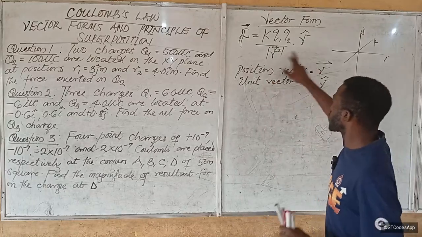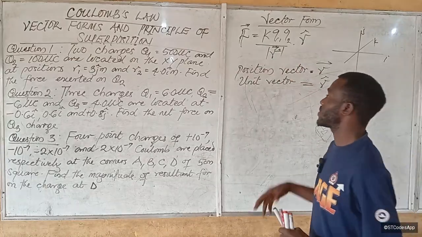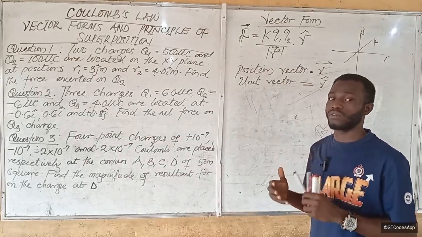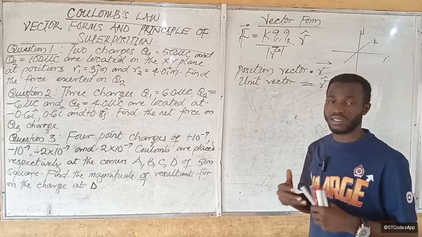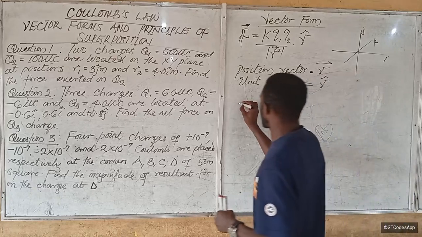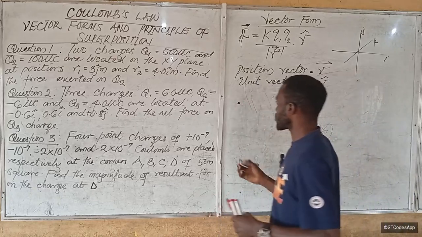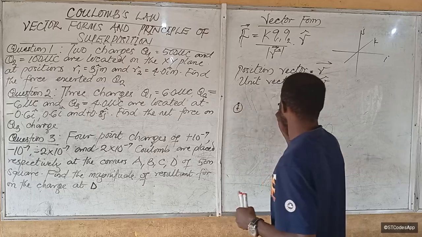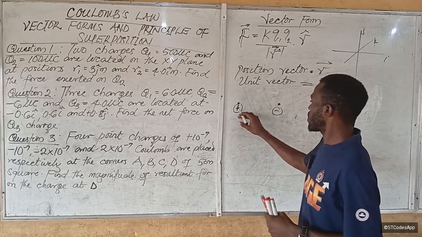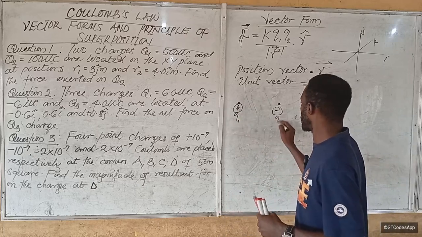Now, of course, we use notations based on the force affecting a particular reference charge. For example, if there are two point charges, let's say this was positive and this was negative. Let's call this Q1, let's call this Q2.